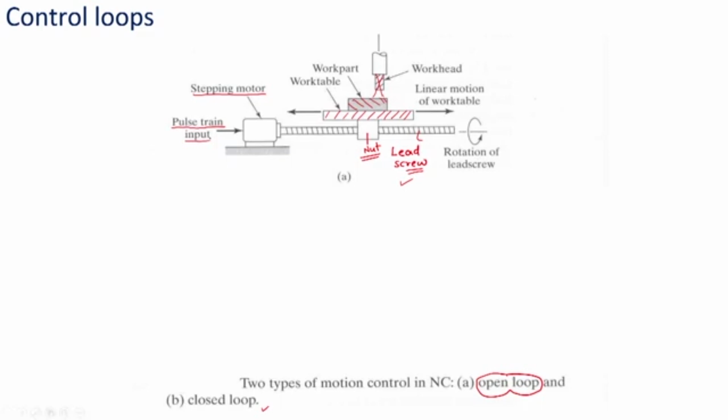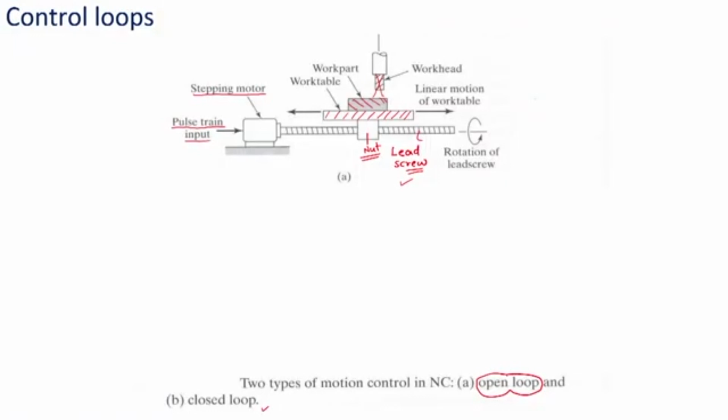Consider we are having one optical encoder which is mounted here. This is the optical encoder which is mounted at the end of the lead screw. As the lead screw is rotating, the optical encoder is recording the rotations of the lead screw, and that data is given to the comparator.